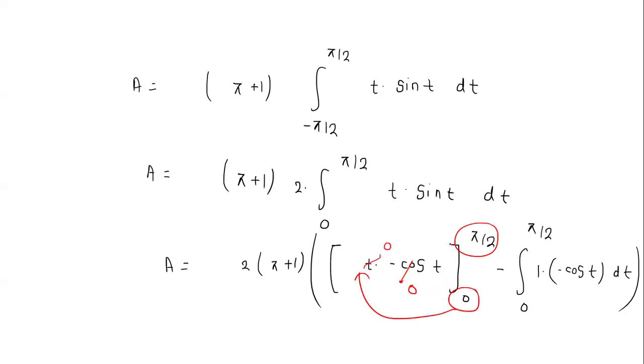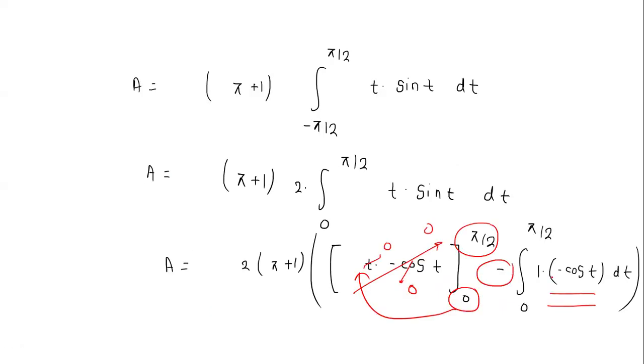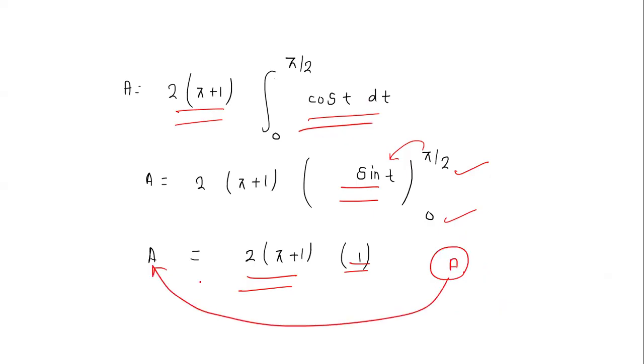So in both cases, this term goes to 0 and the remaining thing is only this, which is 2 times pi plus 1. And this minus sign and this minus sign will cancel each other, and the resulting thing is this. So cos t integration is sin t, and the limits are from 0 to pi by 2, and sin pi by 2 value is 1.